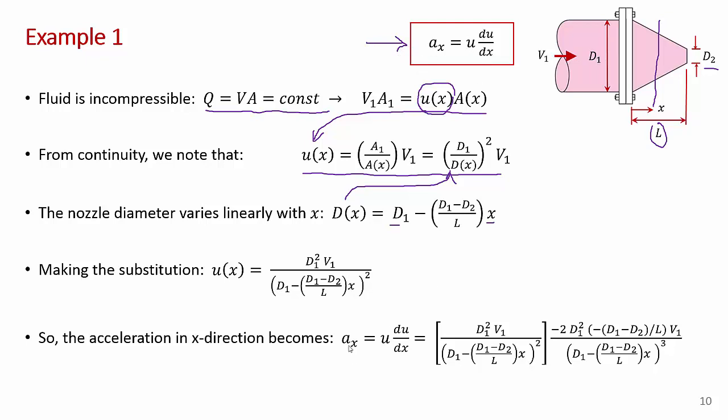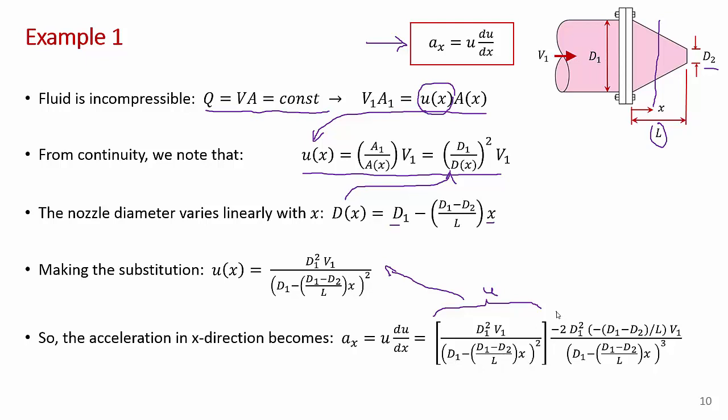So the acceleration in the x direction is u du/dx. This is our expression for u. So I've just made the substitution there: d1 squared v1 over d1 minus (d1 minus d2)/L x, all squared. So you can see that that's been just a simple substitution.